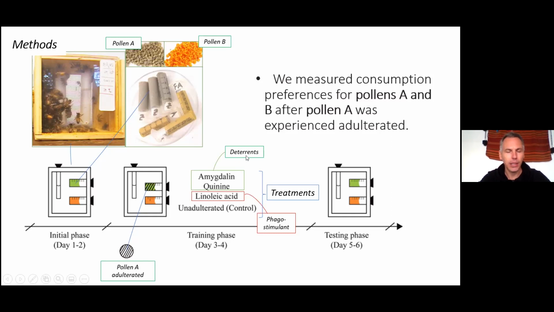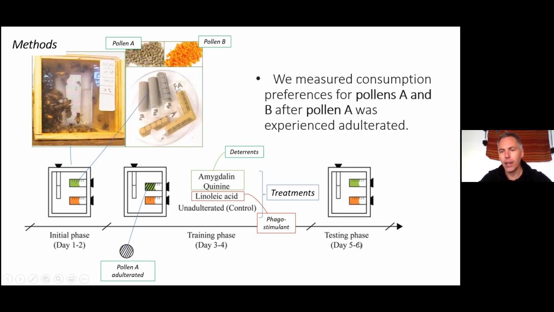Both act as deterrents. We also had linoleic acid added to pollen A as a phagostimulant, and we also kept a control cage, in which during training both pollens were offered unadulterated.